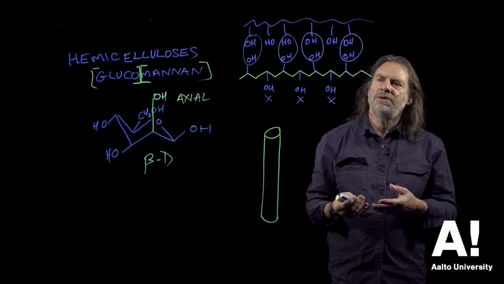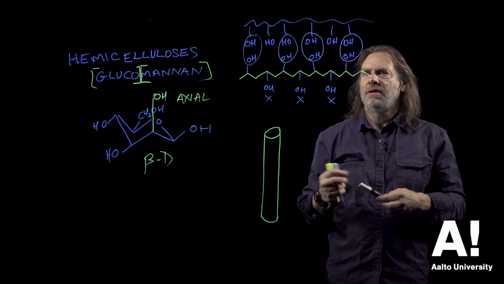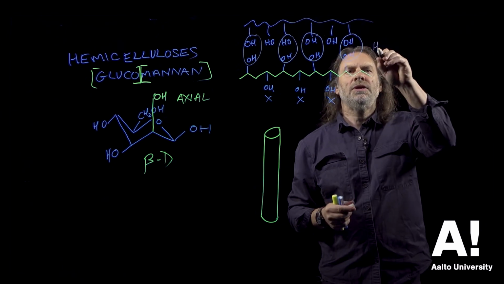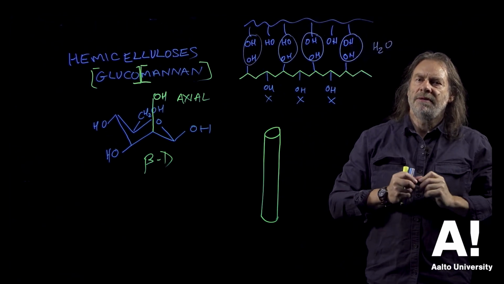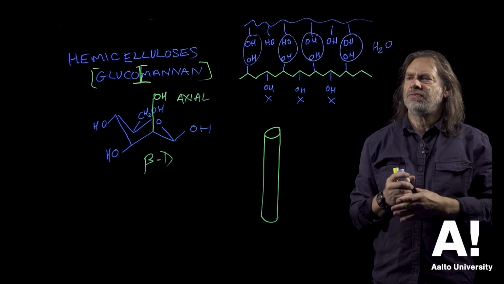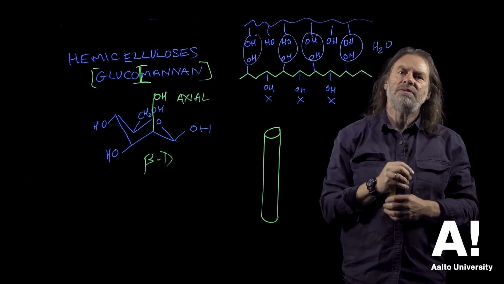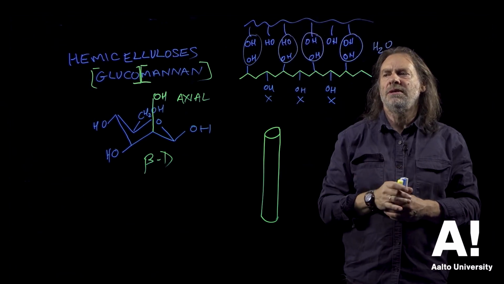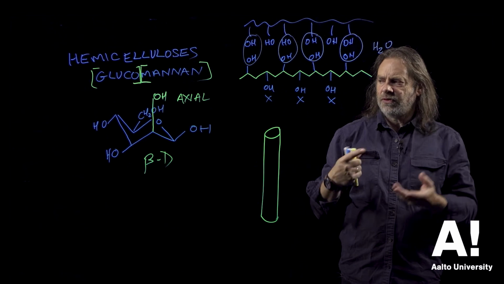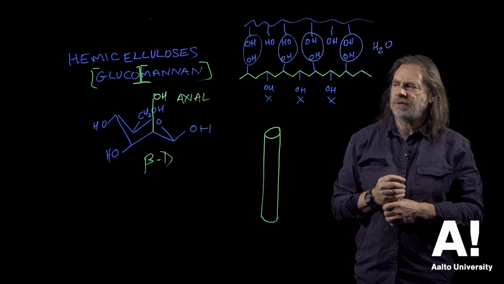Because the hydrogen bonding isn't as strong as it is inside the microfibril, it is possible for water molecules to get in there and disrupt that to some extent. The extent to which it can be disrupted is very dependent upon how many of these are formed. So sometimes these can be a lot stronger in some situations than others. So that different sugar has consequences because of the position of the hydroxyl.